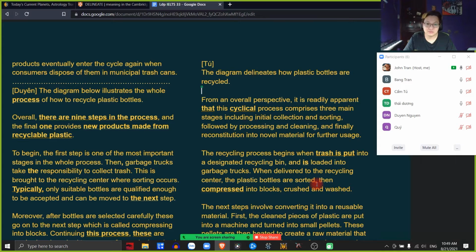Crush and wash. Wow. Sao ngay chỗ cho em hỏi cái này. Yeah. Ngay chỗ when delivered thì sao lại ed form này thầy. When delivered to the recycling center. Tự nhiên đó em không hiểu. Sao lại là ed cái đó này? Khi được vận chuyển đến trung tâm recycling thì đương nhiên là những cái này nó đâu có tự vận chuyển nó đâu, nó phải được đưa đến chứ.